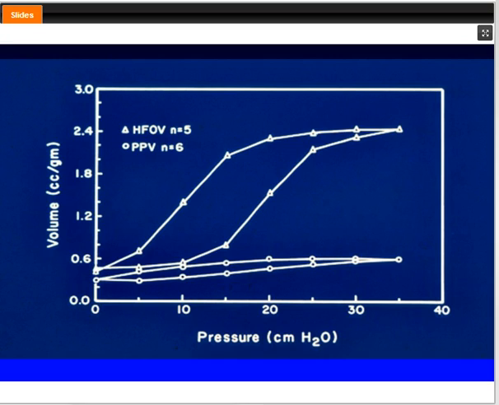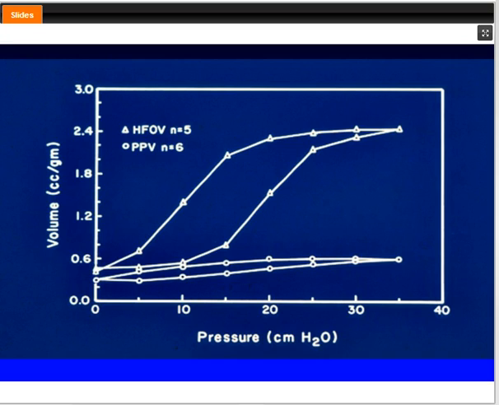But notice as you go above optimal lung volume, at a very significant pressure change you make a very small volume change. Again, you want the lung to be in the mid portion of that pressure volume curve.